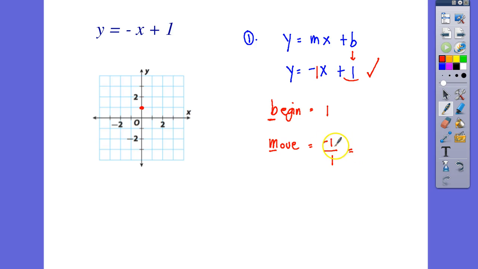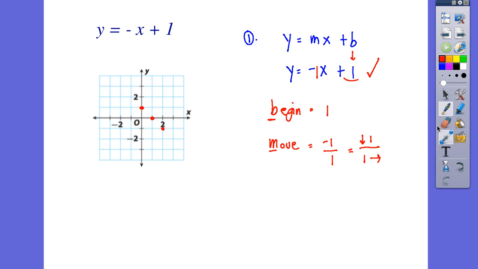So negative 1 on your numerator means you're going to go down 1. And then positive 1 on your denominator, that means you're going to go 1 to the right. So starting here, you're going to go down 1 and 1 to the right. Again, you can add another point by applying 1 down, 1 to the right.